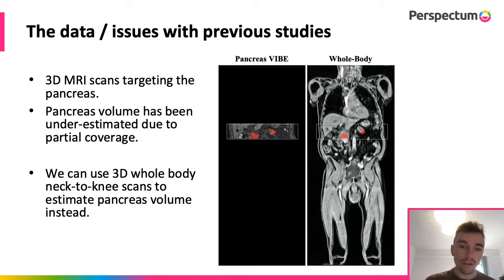On the left-hand side, there's an example of the pancreas-specific scan. On the right-hand side, we can see an example of the full neck-to-knee scan. The pancreas-specific scan on the left misses a fairly large chunk of the pancreas head, and in this case it led to an underestimation of pancreas volume of around 14%, which would be clinically significant.